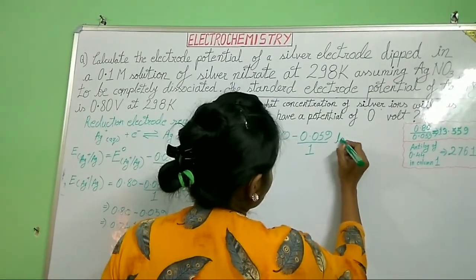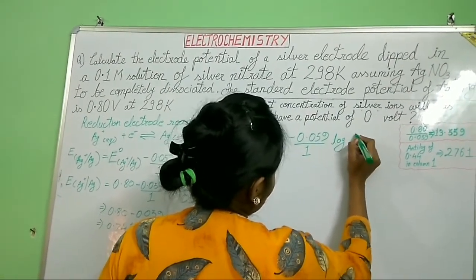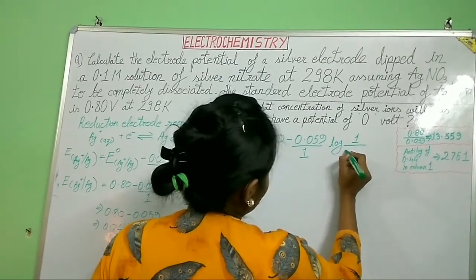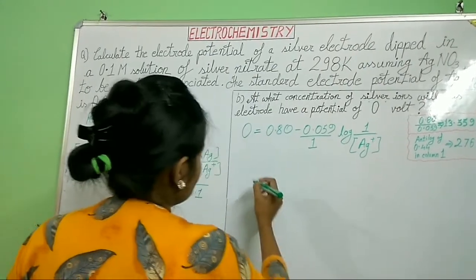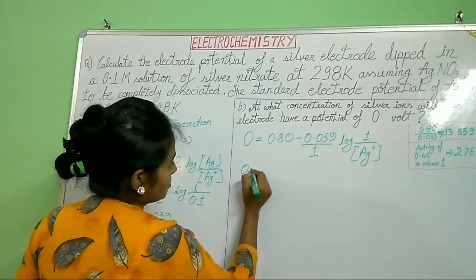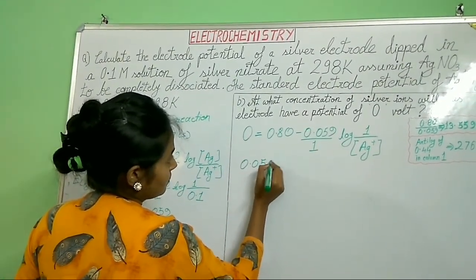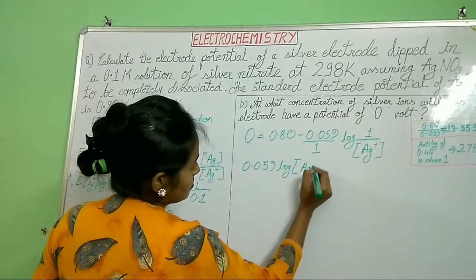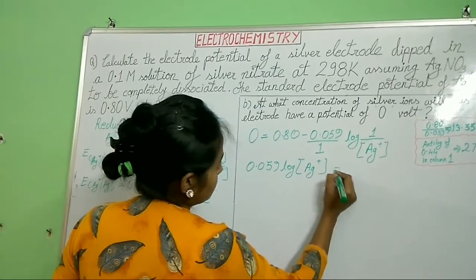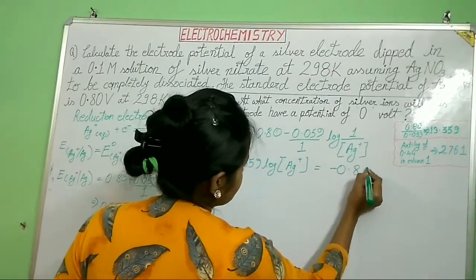Log, for Ag it is always 1 and we have to find out the Ag plus concentration. So, next, how to write it? 0.059 log Ag plus will be minus 0.80, right?